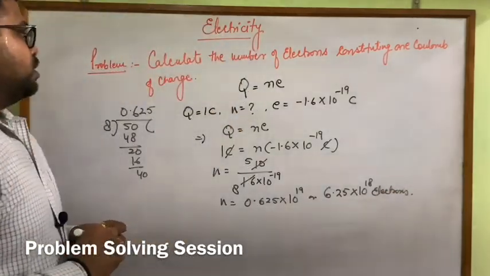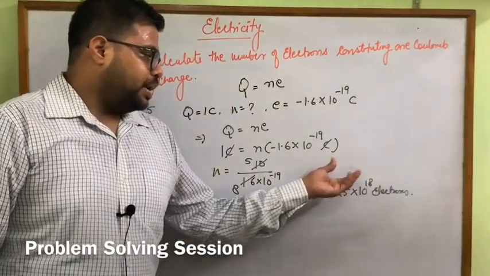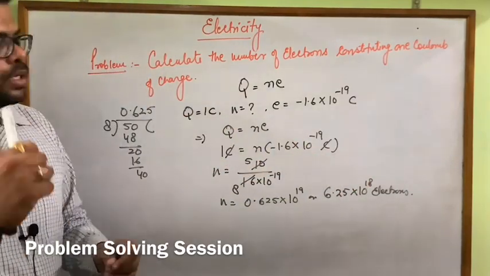So 6.25 into 10 raised to the power 18 electrons constitute 1 coulomb of charge.